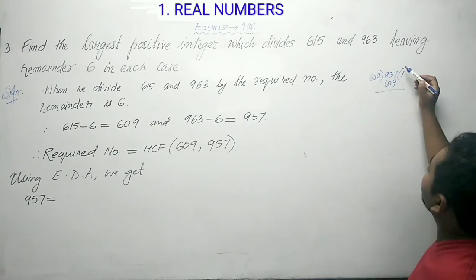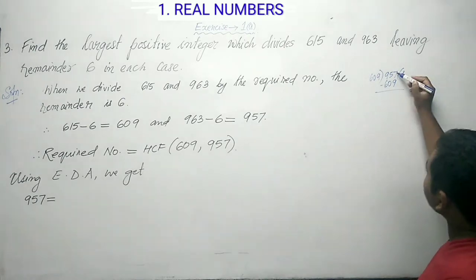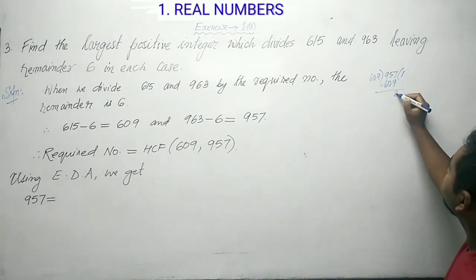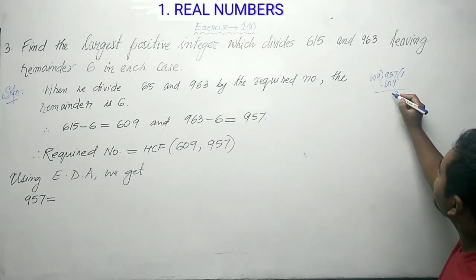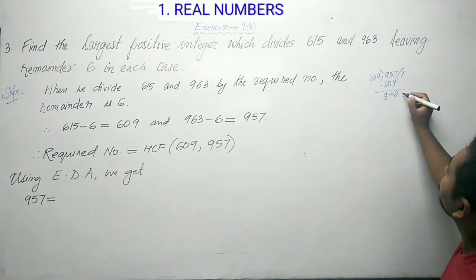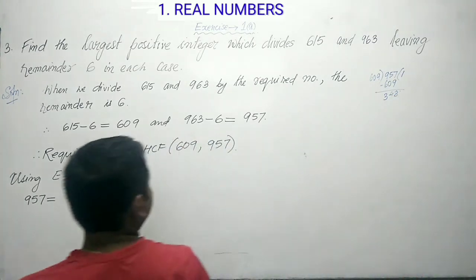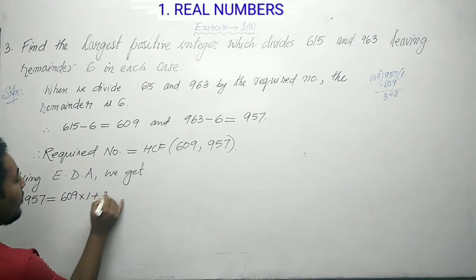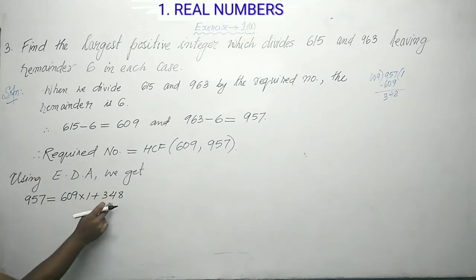Let us subtract. 17 minus 9 will give you 8. This becomes 4. 4 minus 0 is 4. 9 minus 6 is 3. So you write down 609 into 1 plus 348. The remainder is still not 0.